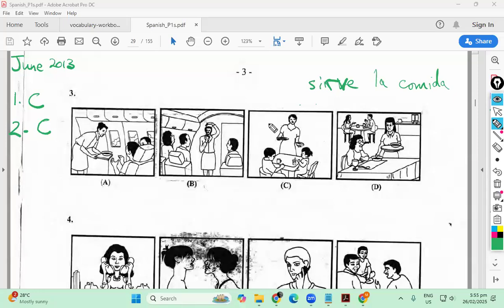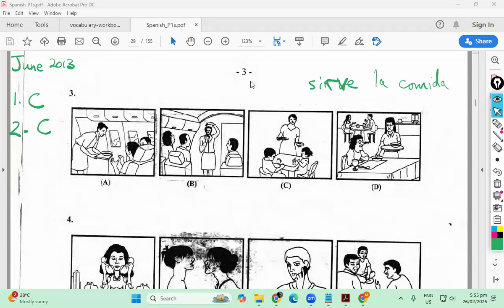La aeromoza. Now I know we met this word in class, in first term, I think. Right? What other word in Spanish do you know that begins with that sound, aero? Do you know aeropuerto? Right. You know airport.